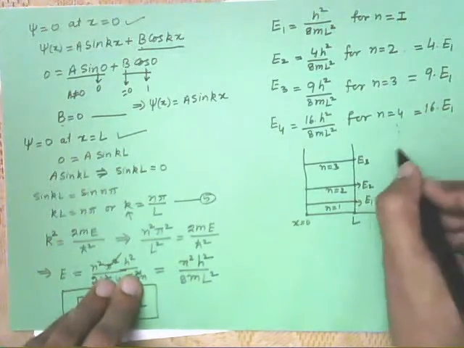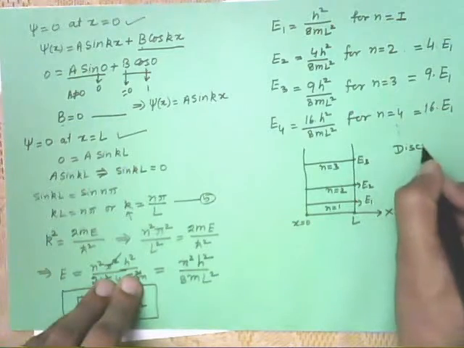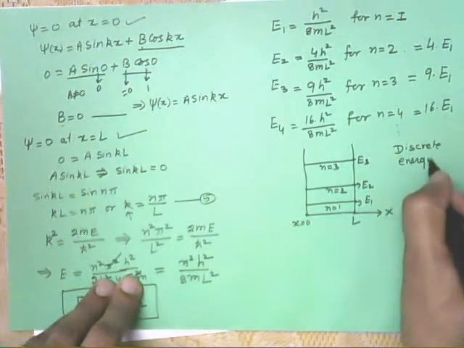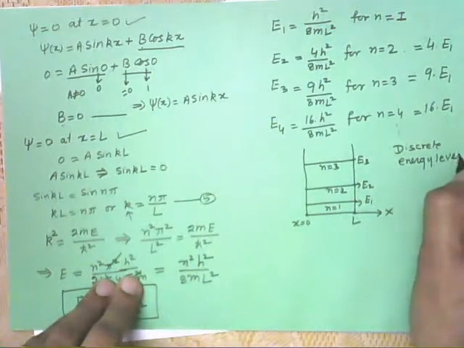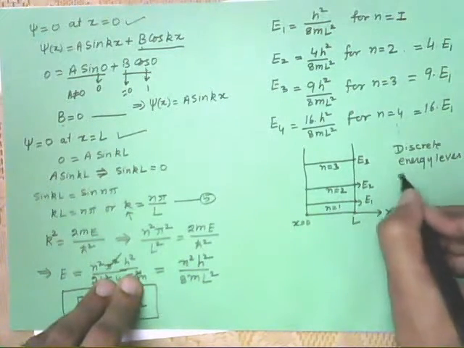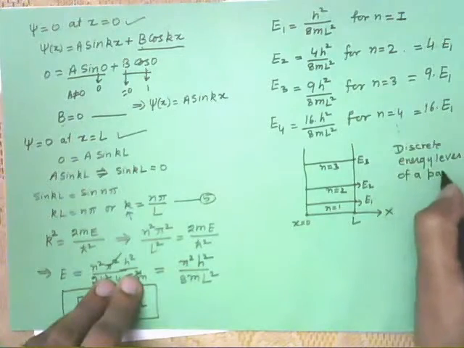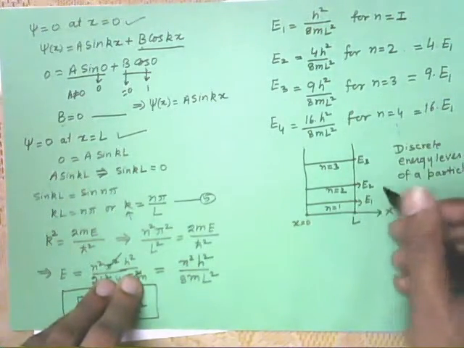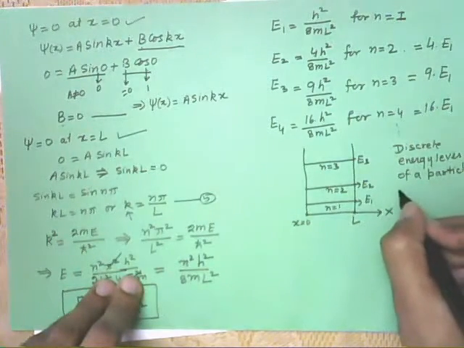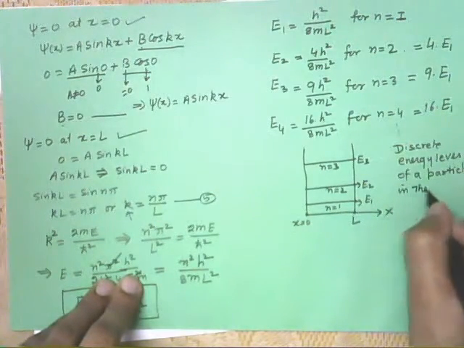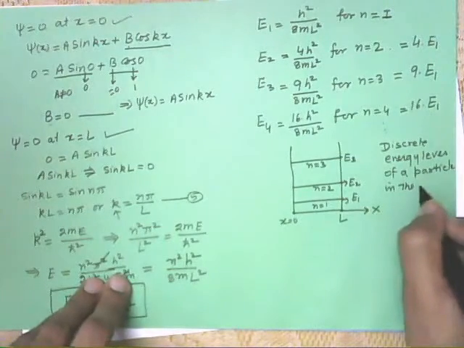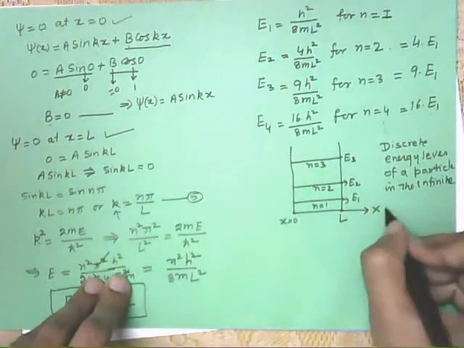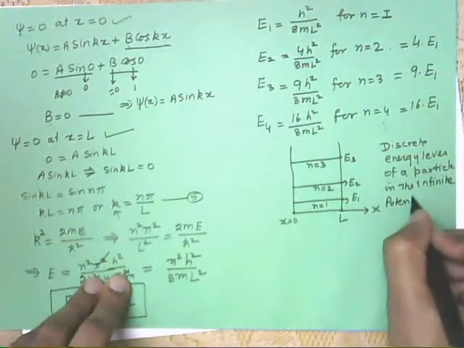So these are the discrete energy levels of a particle in the infinite potential well.